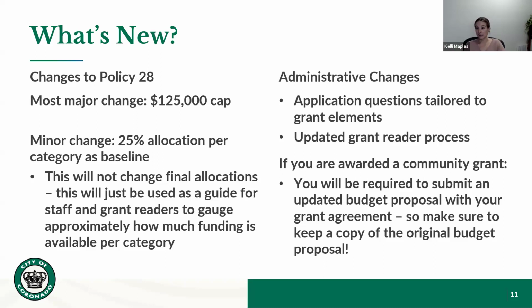As always, the City Council will have the authority on June 18th to move grants around and move money around as they see fit. This 25% is just going to help us as administrators to review the applications, score them and give funding recommendations and things like that.